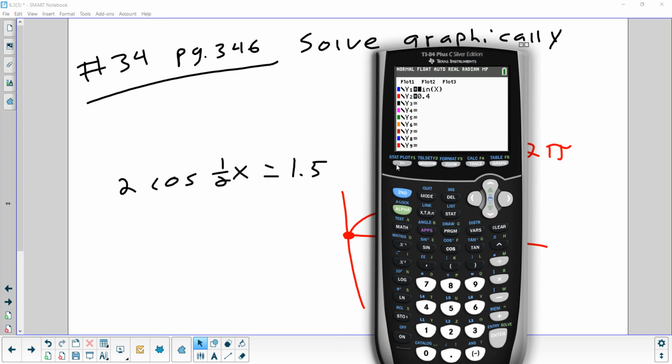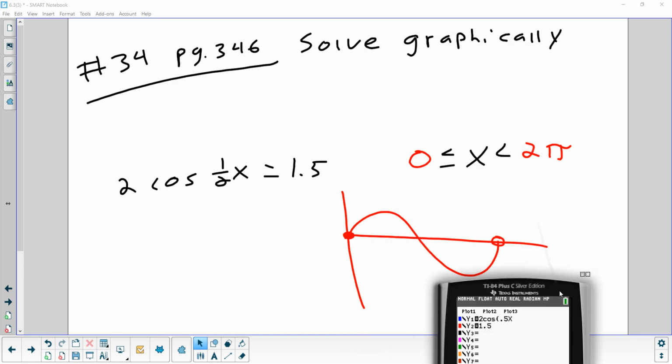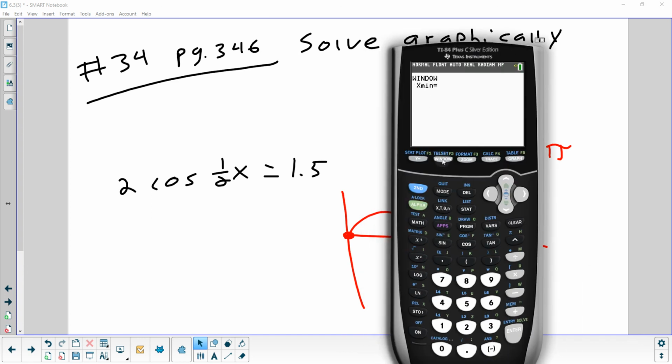But if that 2 wasn't there, we would have a horizontal line above the graph, never intersected. So let's type in 2 cosine 0.5x and 1.5. Same window as the last problem. Just make sure it's still set to 0 to 2 pi.